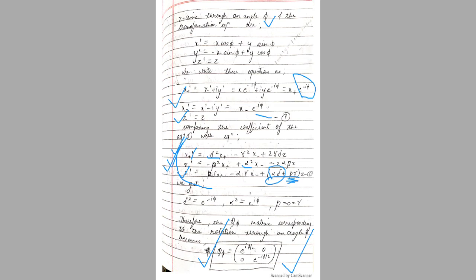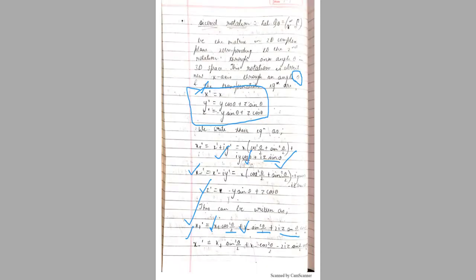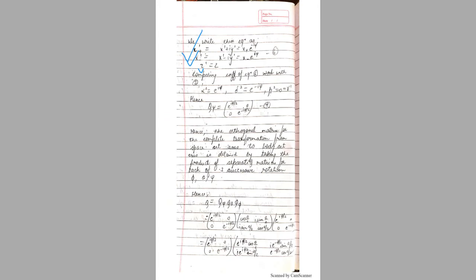Again, I will compare the values of x plus dash, x minus dash, and z dash with these equations, and I will get the values of alpha, beta, gamma, and delta. So see, I have got the value of alpha square as e to the power i phi. This is delta square, and this is beta square and gamma square. These are 0. So beta and gamma are 0, and I have got the value of q psi, that is a matrix.